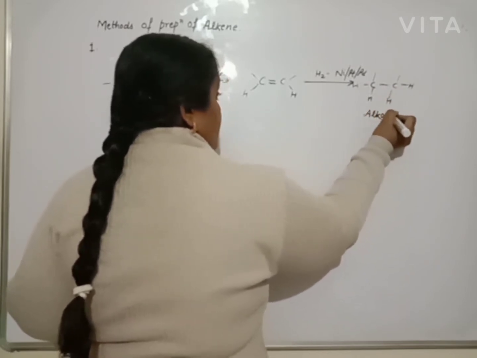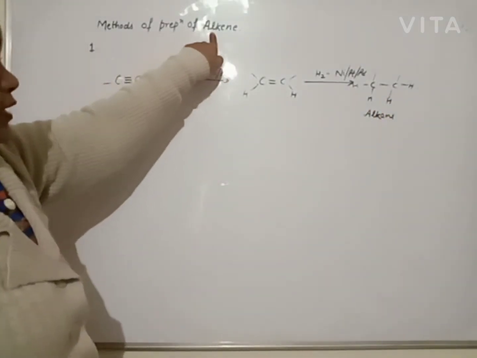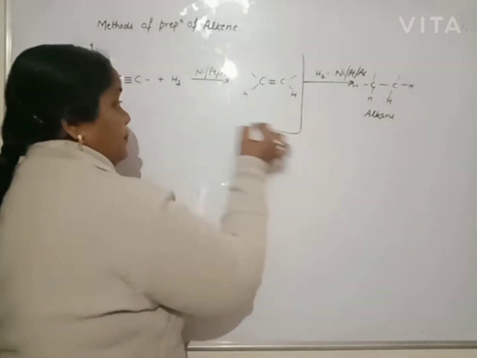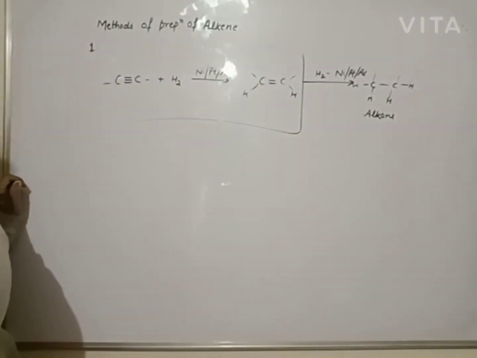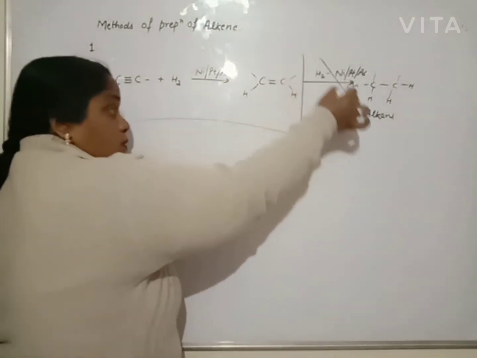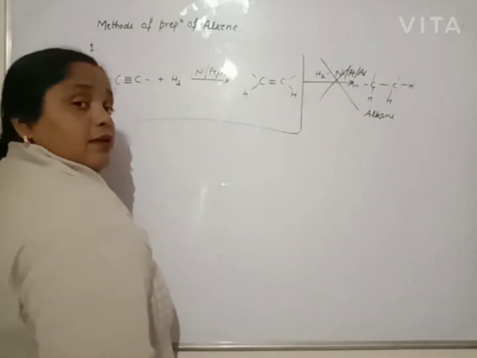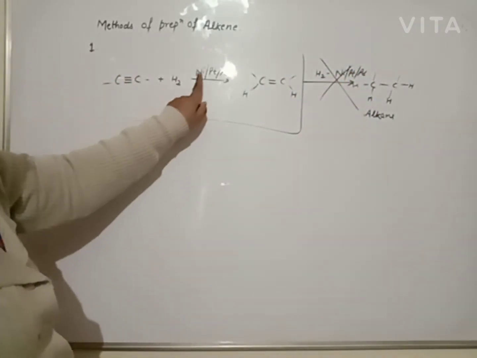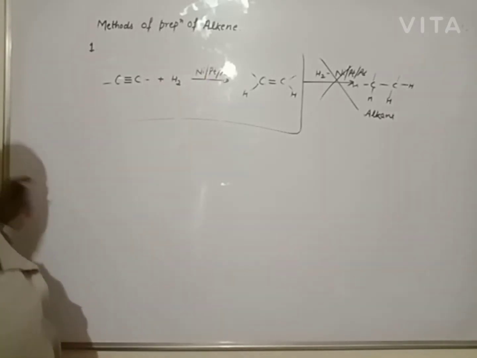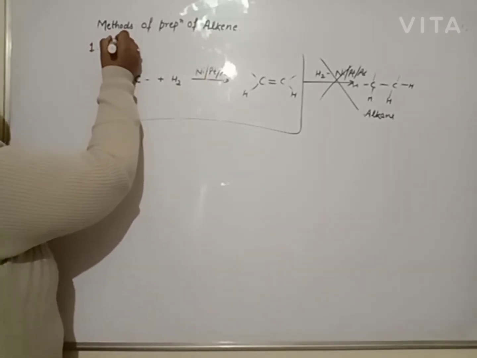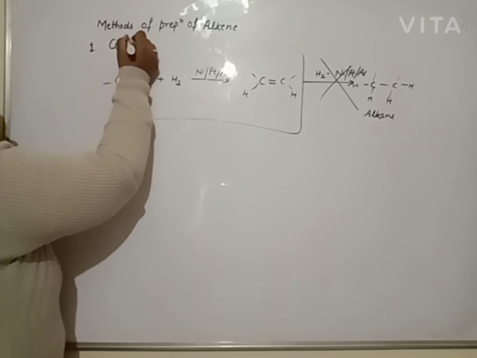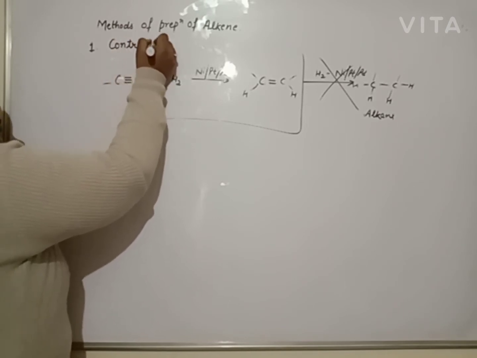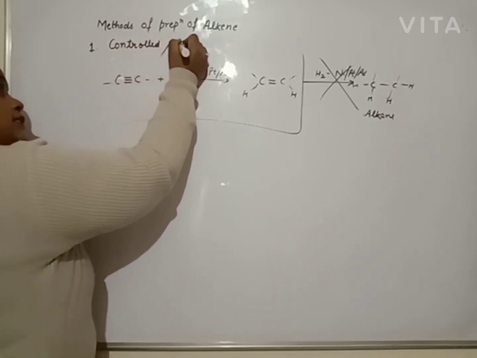But today we want to prepare alkene. We want to stop the reaction up to that point, up to alkene. We do not require alkane. Then this catalyst is not used. We will use controlled reduction. Controlled or partial reduction.